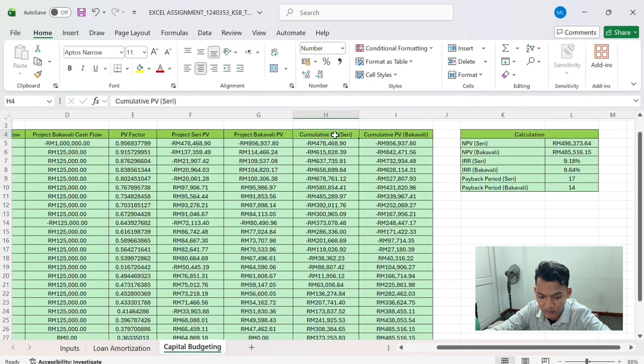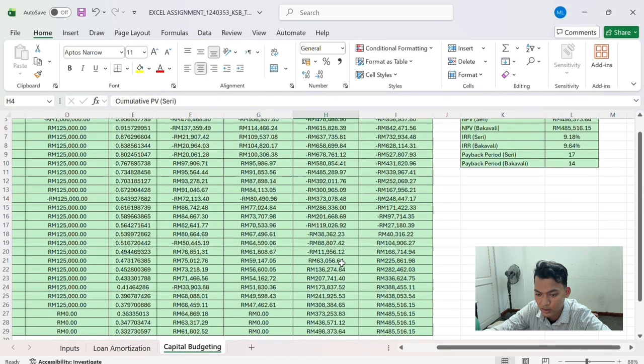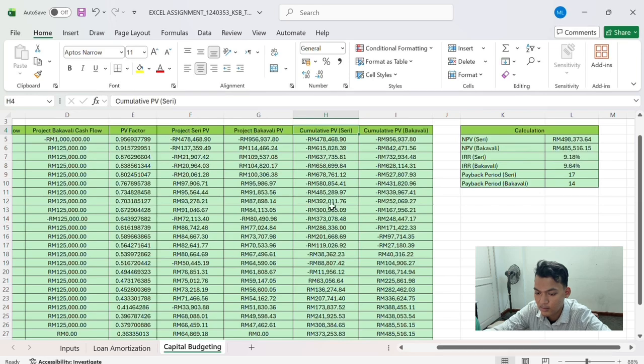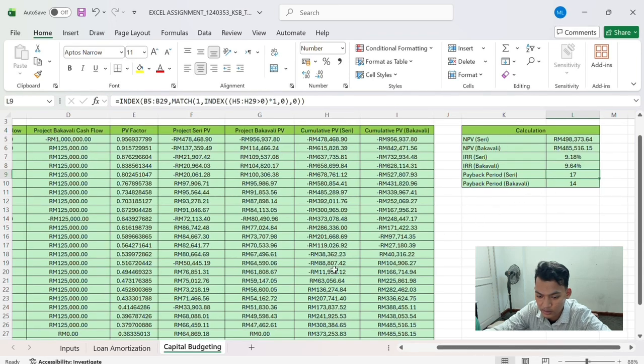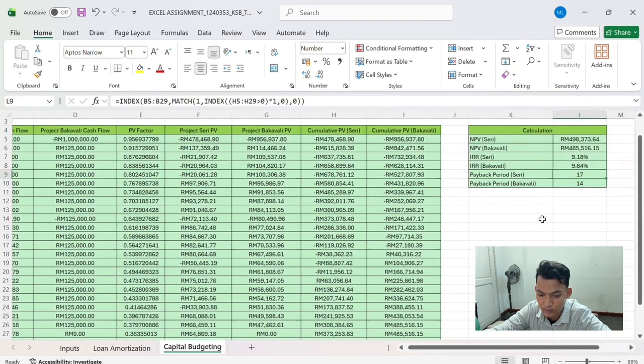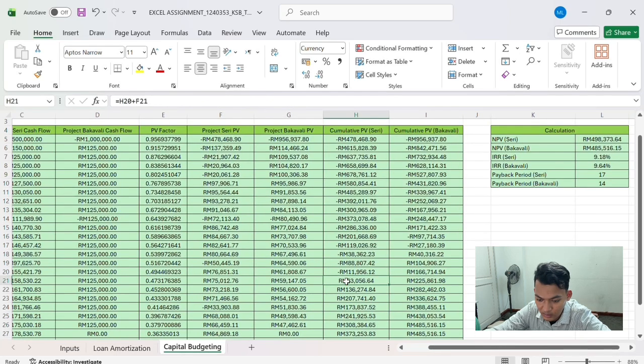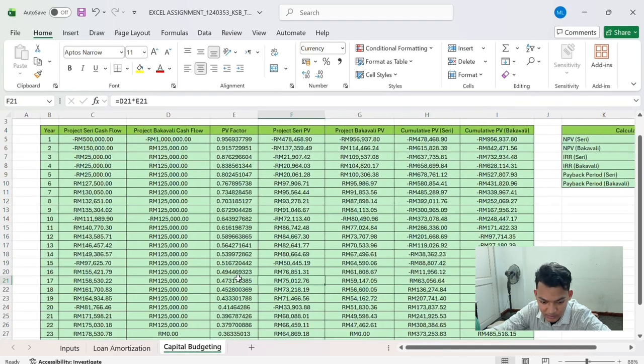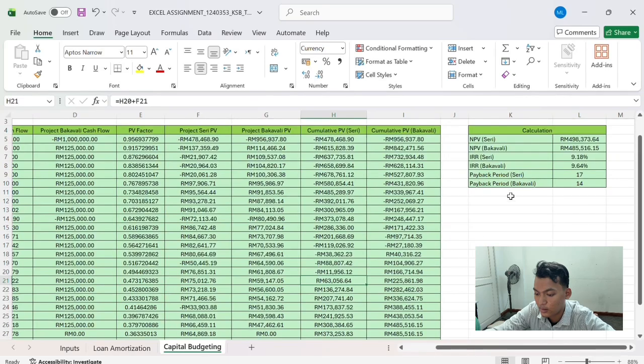Again, the amount here is automatically coded based on the cumulative PV column for Project Seri. As you can see here, at year 17 it should be positive, and if you take a look, it's true.